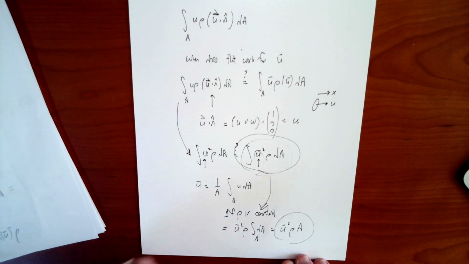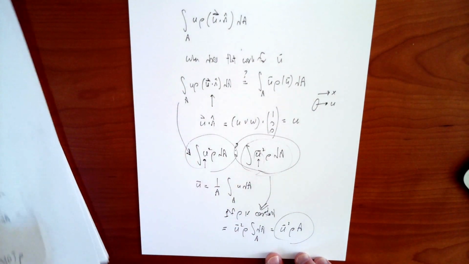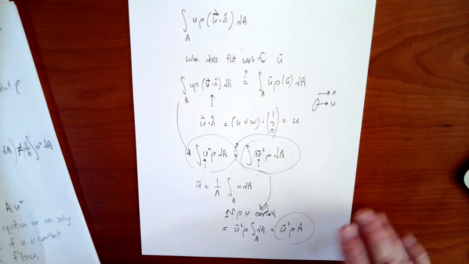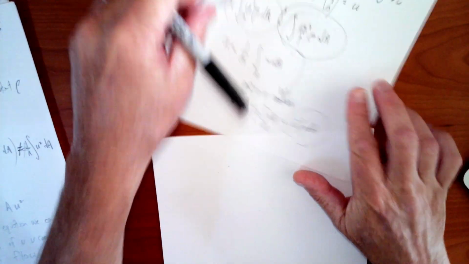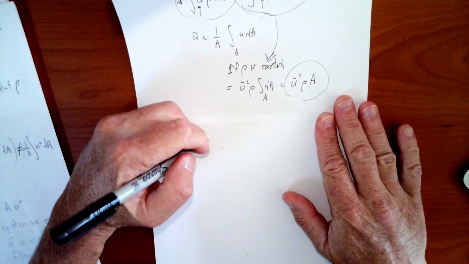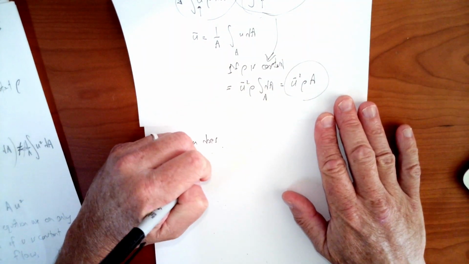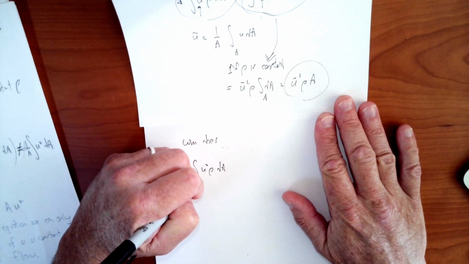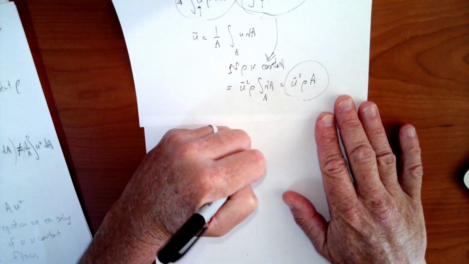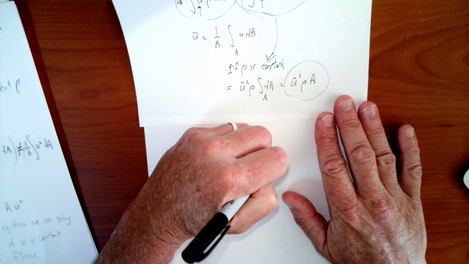And the question is, when does this integral, therefore, equal that value? So when does this integral with a u in it, u squared rho dA integrated over A, equal simply u bar squared rho A?